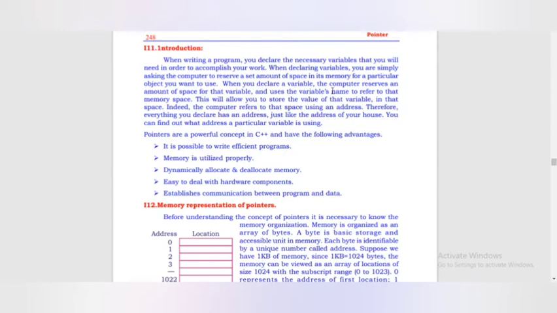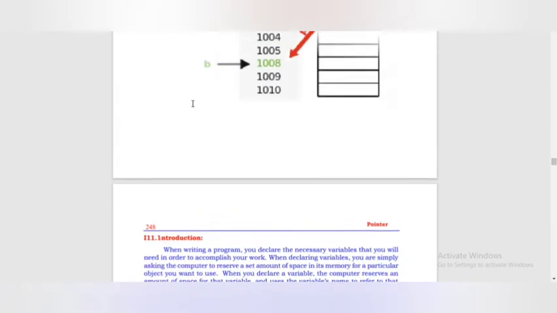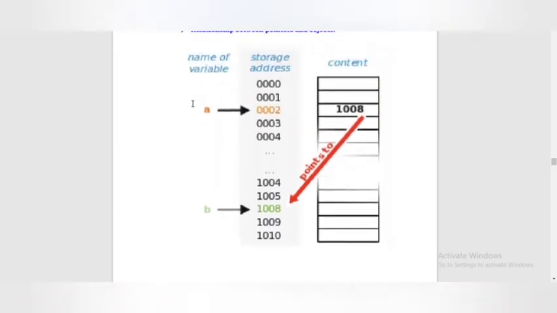It uses the variable's name to refer to that memory space. You can see here the name of the variable, a, and the storage address. If you declare any variable, it is going to store that variable at some storage address.